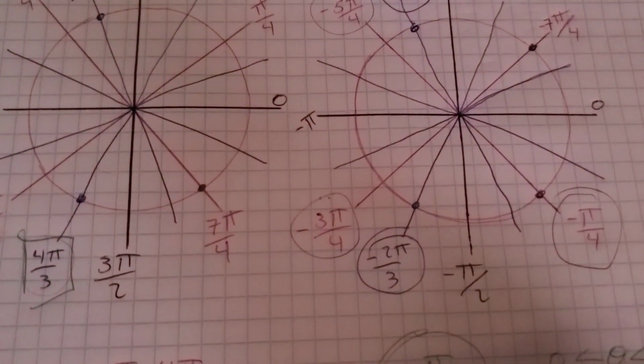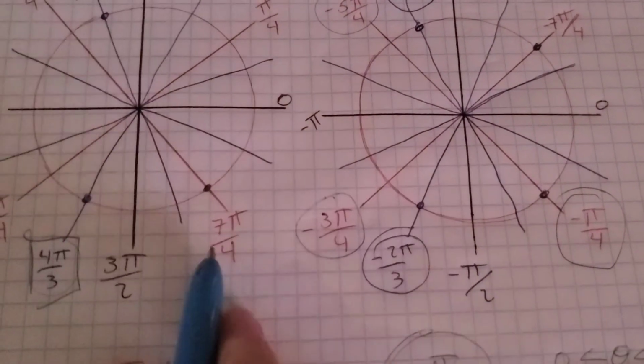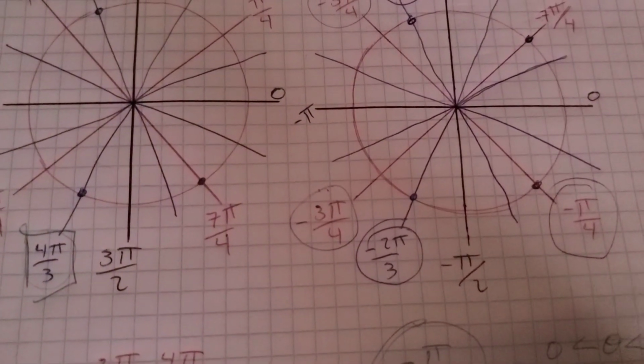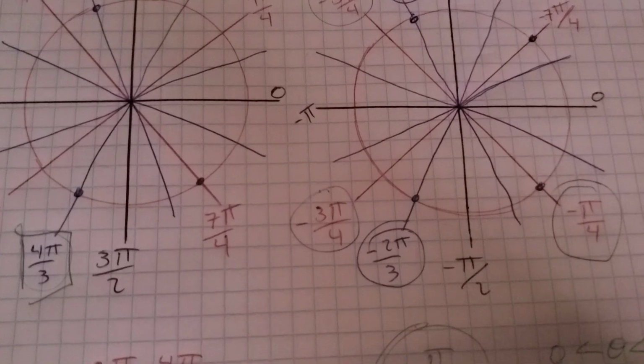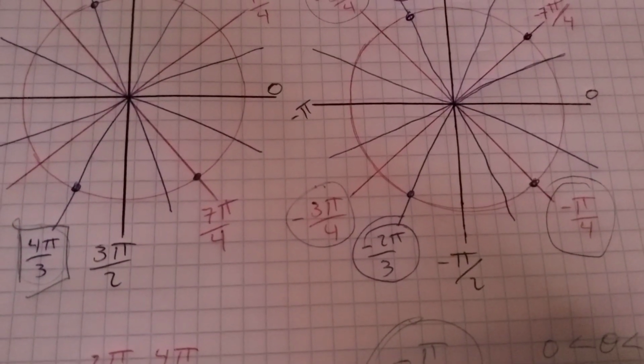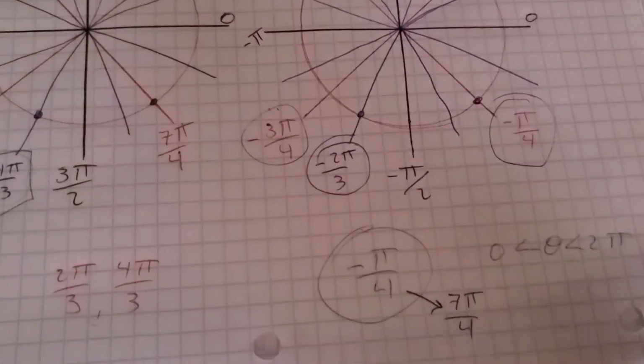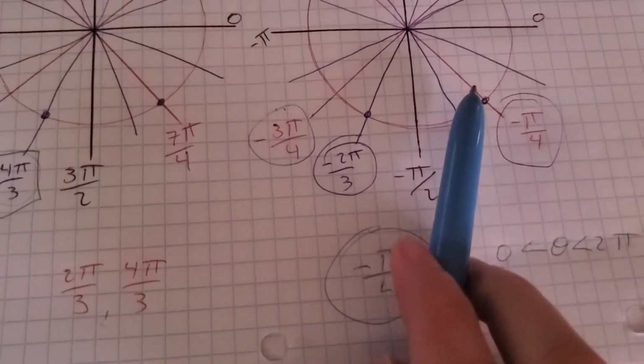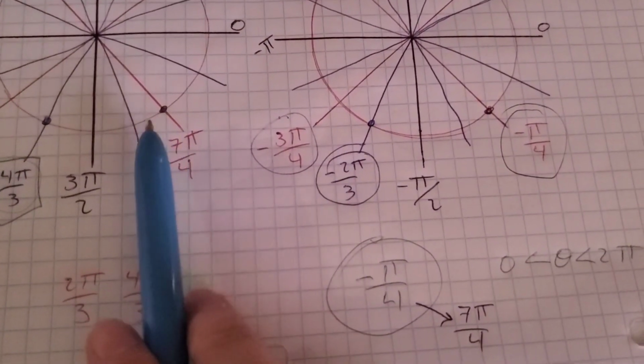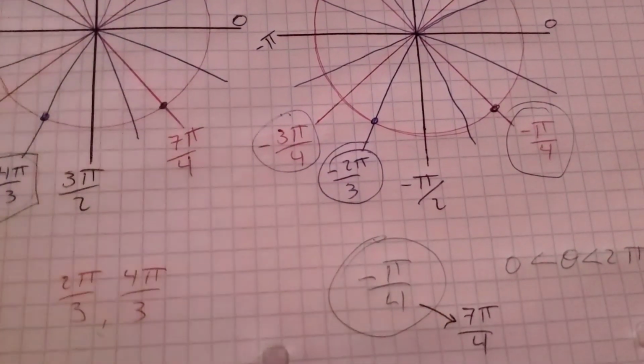So this translates to the answer 7 pi over 4. 7 pi over 4 would be the final answer, here on the positive unit circle.